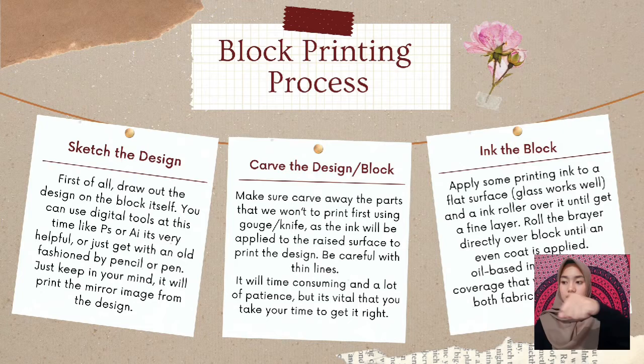Roll the brayer directly over the block until an even coat is applied. Some sites say that oil-based ink gives the best coverage and will print well on both fabric and paper.